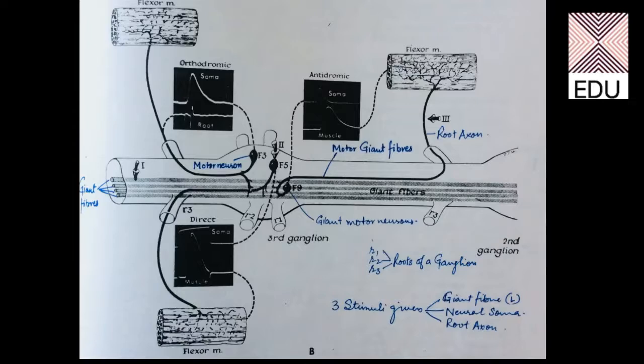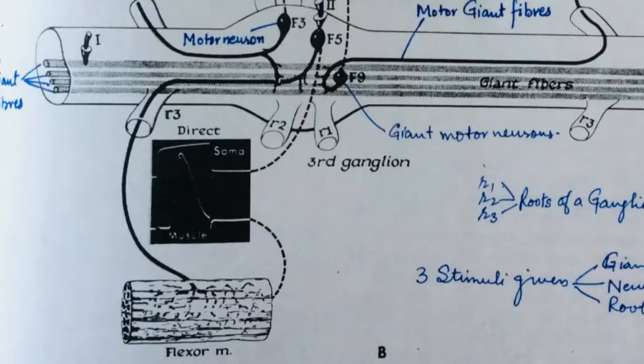What is the response actually? When you give a stimulus or voltage to the F5 motor neuron in the third ganglion of the crayfish, the response can be seen both ways. The first response is in the soma itself, in the F5 motor neuron. Here you can see a black box on the lower side.